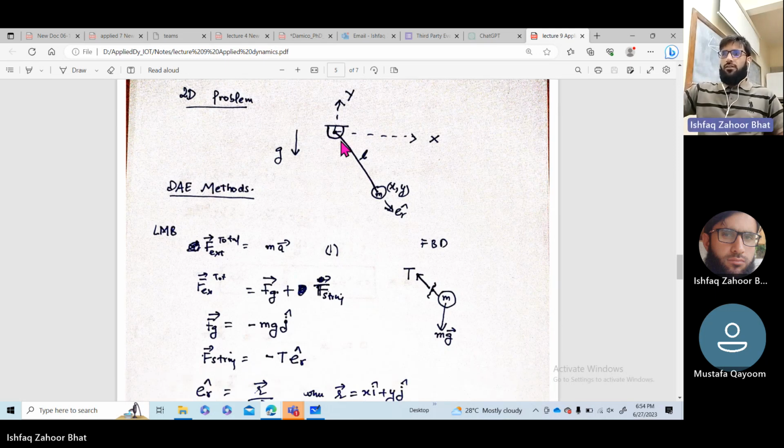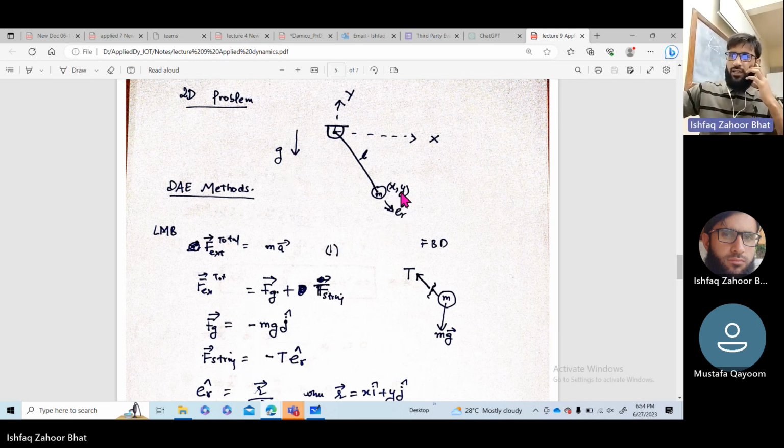So here, what we have is a pendulum, that is this mass hanging down from this ceiling. This is attached at this position, and we are attaching a frame, that is x and y axis, to this. L is the length of this massless rod, which connects this mass to this hinge point, and acceleration due to gravity is acting downwards.